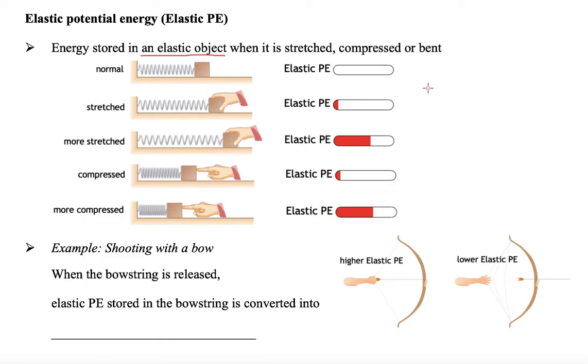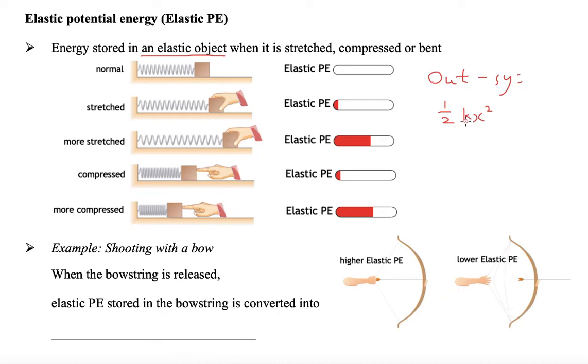Although the formula of elastic PE is out of syllabus, I will still like to show you. So, remember that this is out of syllabus. I mean, the concept here is in the syllabus. You need to know it. But for the formula, the elastic PE is 1/2 kx squared.